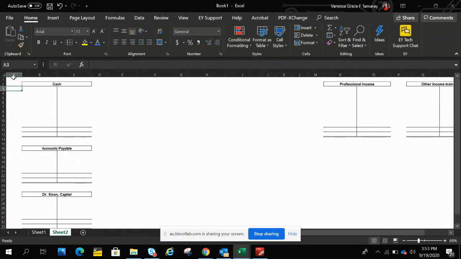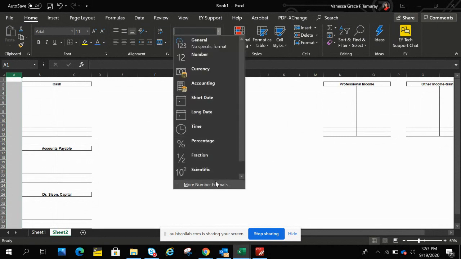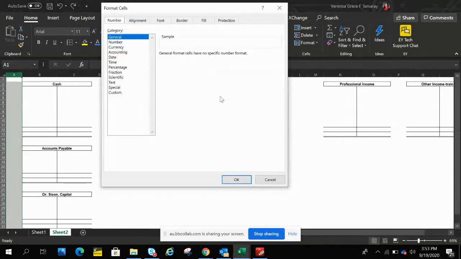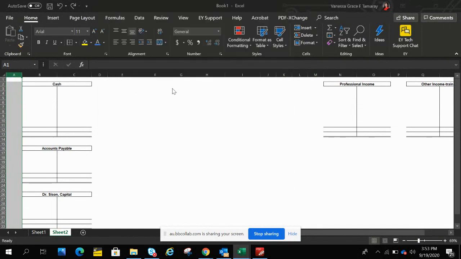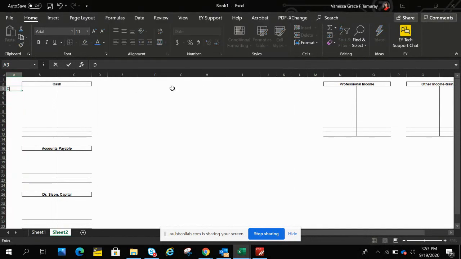December 1. Date. Debit, magkano? 1 million pesos.